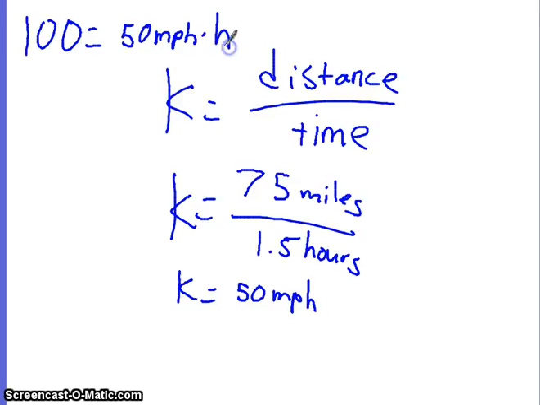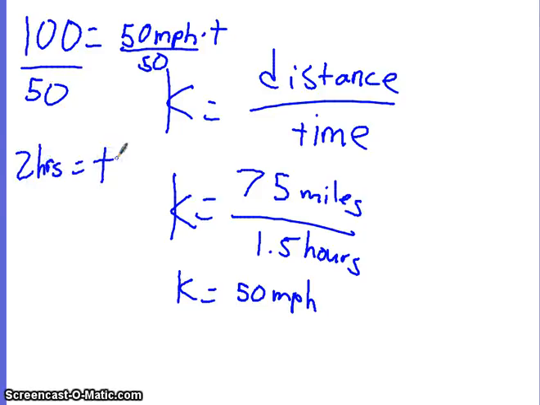We don't know the time, although we should be easily able to figure that out. I wrote H, I should have written T. So, like an equation, let's divide by 50 on both sides. What is 100 divided by 50? 2. So her time is 2 hours.